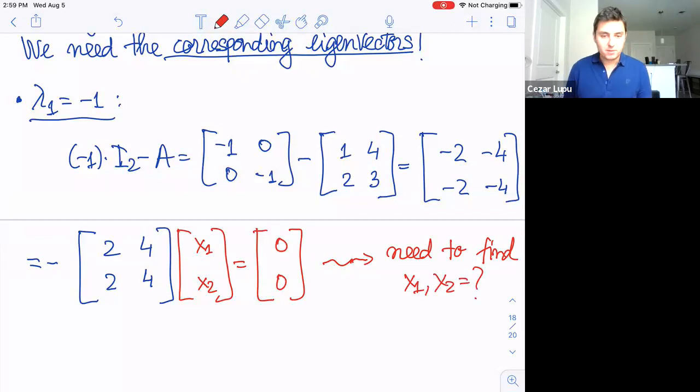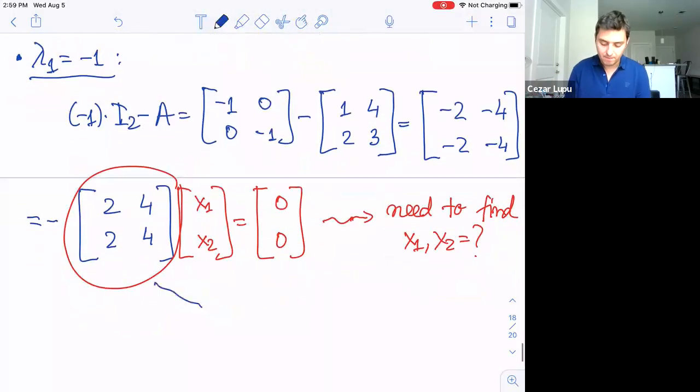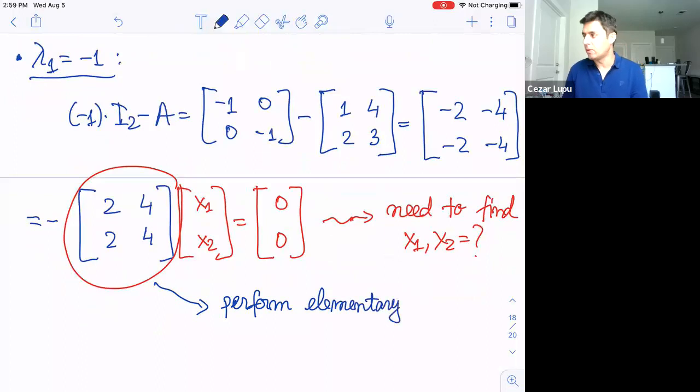In other words, as you are used to by now with solving systems of linear equations, in this case this homogeneous system, we are interested in performing elementary row operations on this matrix, so that we can obtain an equivalent matrix in row reduced, in row echelon form, if you want.